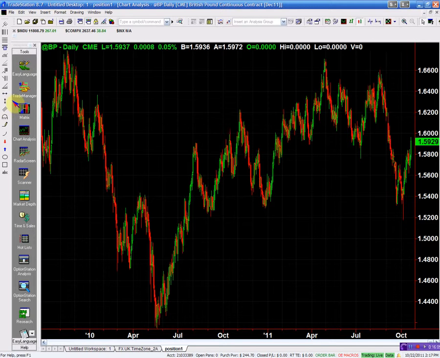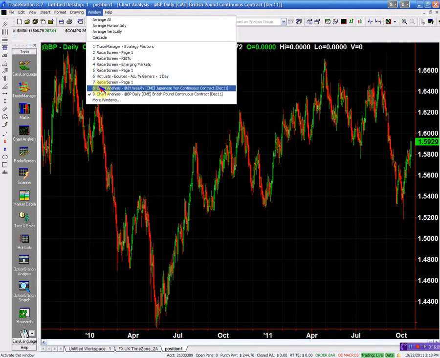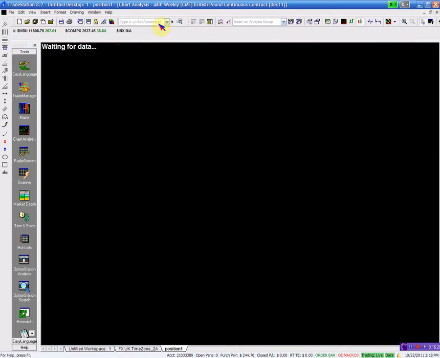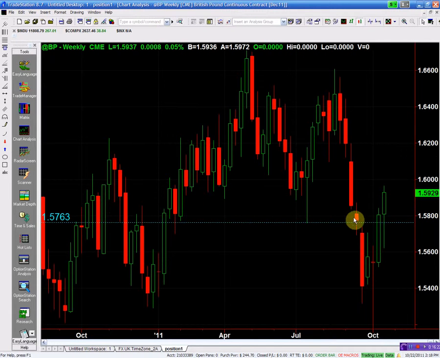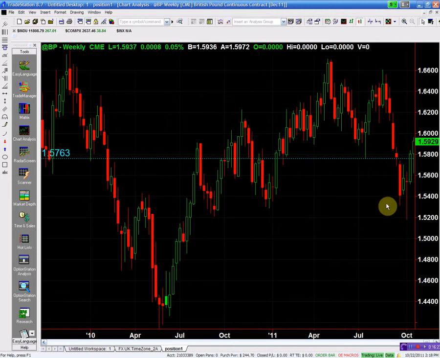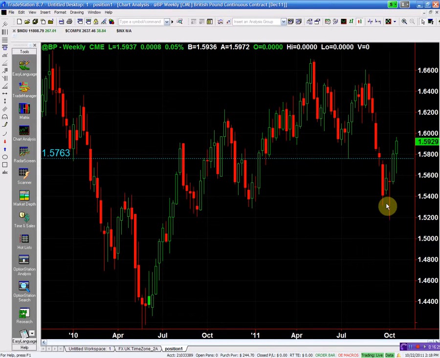And if you remember, let me put this other chart because this has our chart. If you remember, we had 157.63. That was the breakout point, and this is a very, very good close.